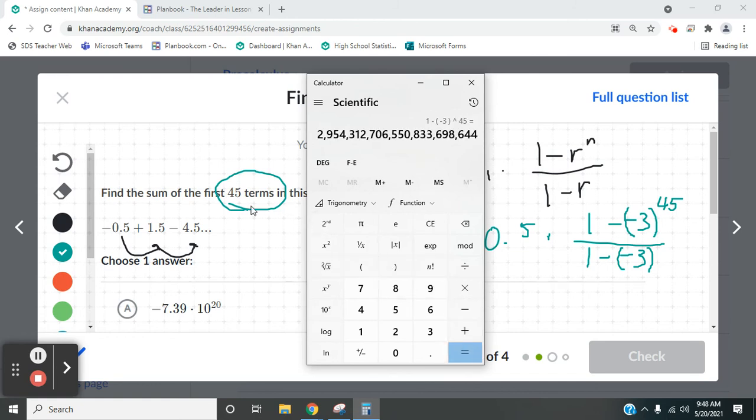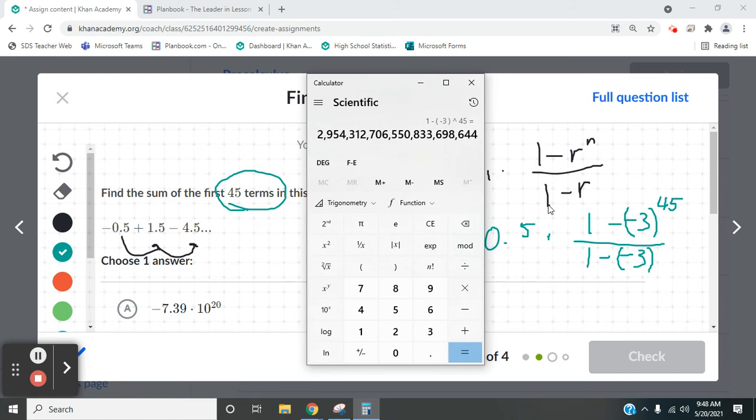You see that number? What is that even called? Okay, let's see. 100 million, so million, billion, trillion, quadrillion, quintillion, sextillion. That's what that is. 2.95 sextillion.